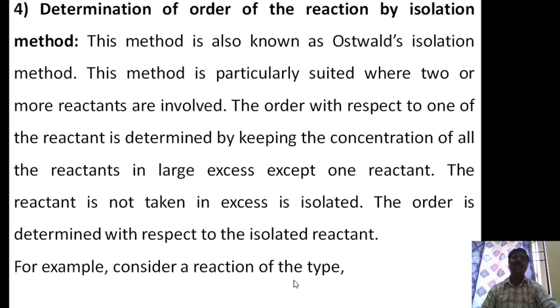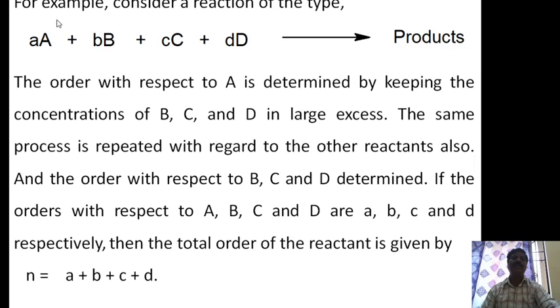For example, consider a reaction of the type A + B + C + D going to products, where a is the initial concentration of reactant A, b is the initial concentration of reactant B, c is the initial concentration of reactant C, and d is the initial concentration of reactant D. Now first you have to carry out an experiment where you take A as 1 mole per dm cube, and the others, B, C, D, are taken in large excess.